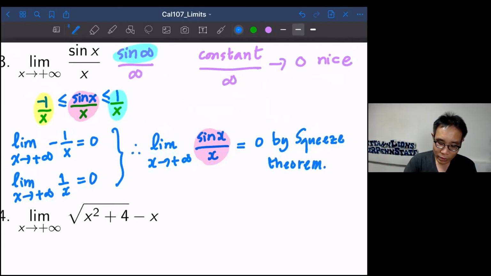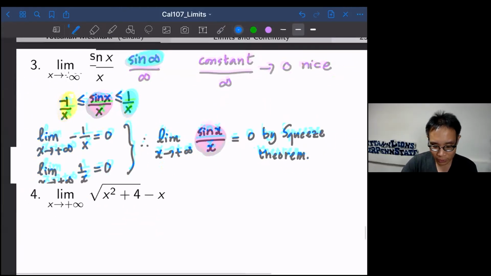Your target will be a constant over infinity. In this case, you don't see anything on the bottom yet, so we're going to multiply something on the bottom.